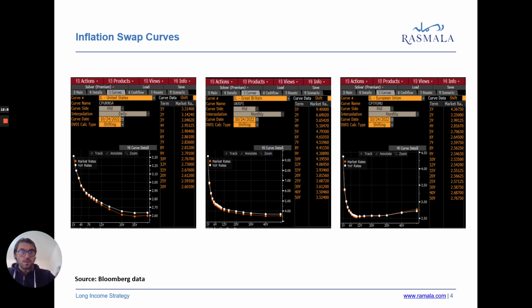The situation is different in the European Union, where inflation is expected by the market to be pretty much in line with the US, and certainly lower than the UK.